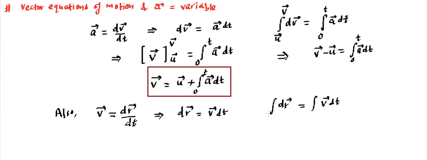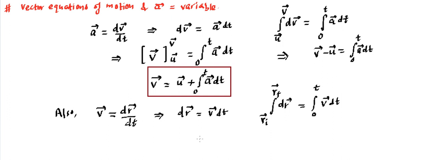Again we are going to place the limits. Here the limits have to be of time, so 0 to t. Here the limit has to be of position. If it starts from the origin, it's a 0 vector to r vector, and if it is starting from any other position, you write the initial position and final position. So let me make it in the most general format: this is initial position vector to final position vector.